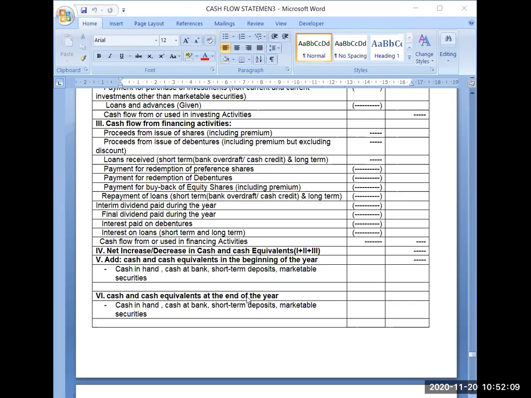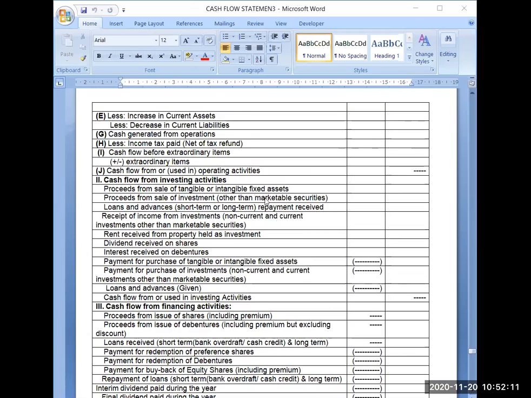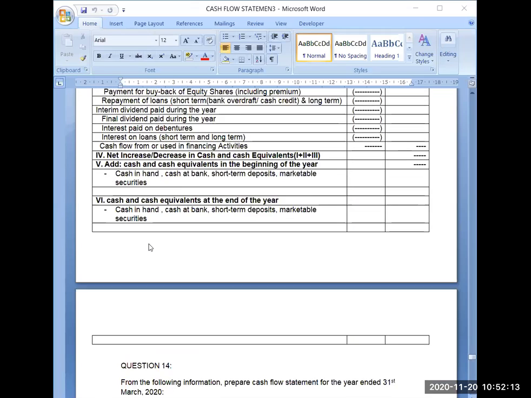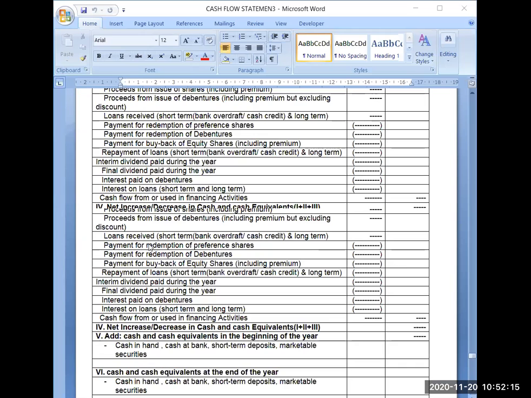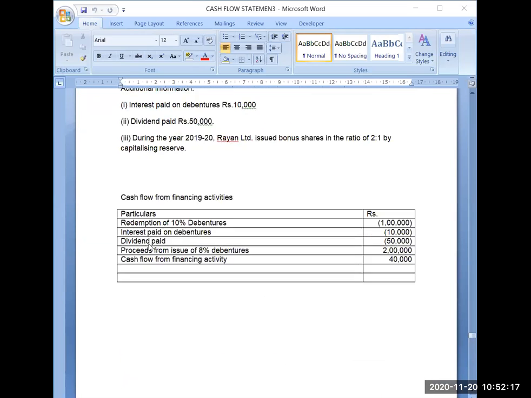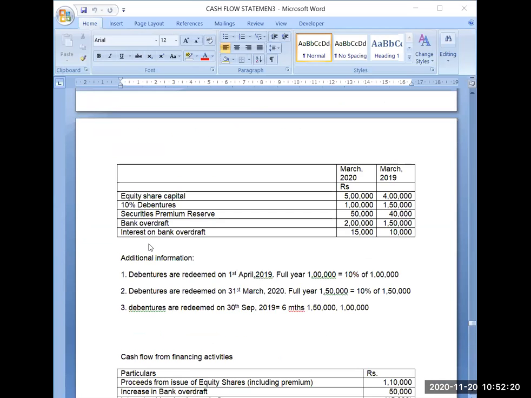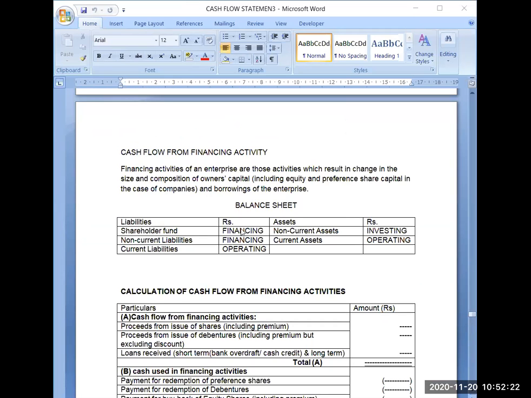So all these points which are written over here have been explained already. One thing which I explained yesterday also regarding the balance sheet: you should keep in mind that you will now get a full-fledged balance sheet in the question, and there are various areas which will be used in different activities. Current assets and current liabilities will be used in operating activities.